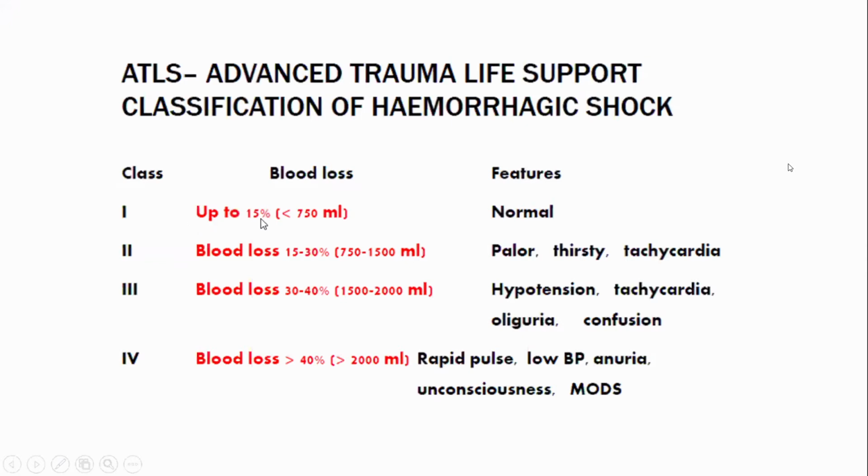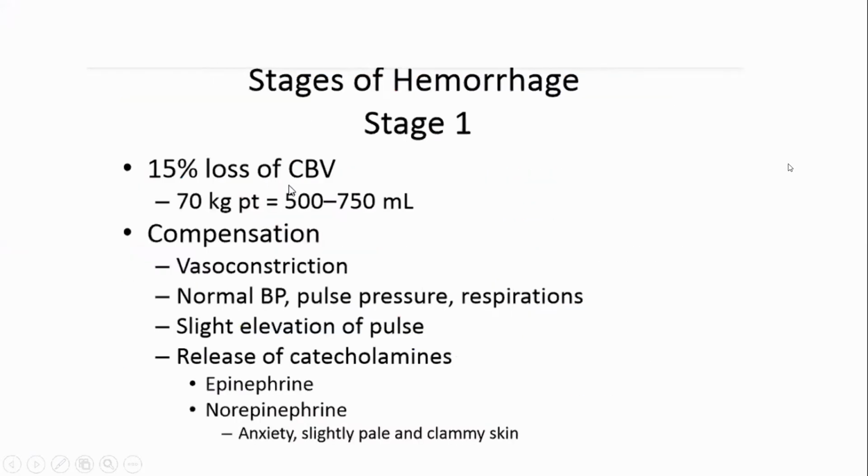Class 1 basically refers to 15% blood loss, and there is vasoconstriction, but the patient will have normal BP and pulse pressure. We may be confused because the patient has normal blood pressure, but the patient is still in hemorrhage, so we need to act early. And this compensation is basically managed by epinephrine and norepinephrine, which are secreted in response to the autonomic nervous system activation after hemorrhage.